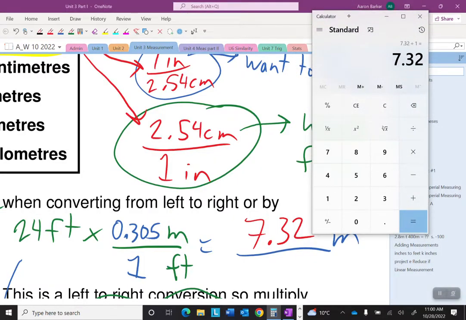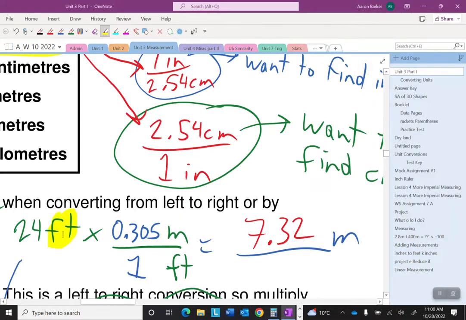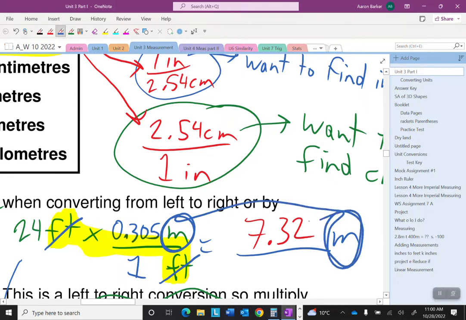Now, what's neat is that you actually have feet divided by feet. Feet divided by feet. And that helps you understand why these units cancel out. Because you have feet divided by feet, they cancel out, and what's left over? Good old meters. That's why you always want the unit you're trying to find on top, because the other ones are canceled.